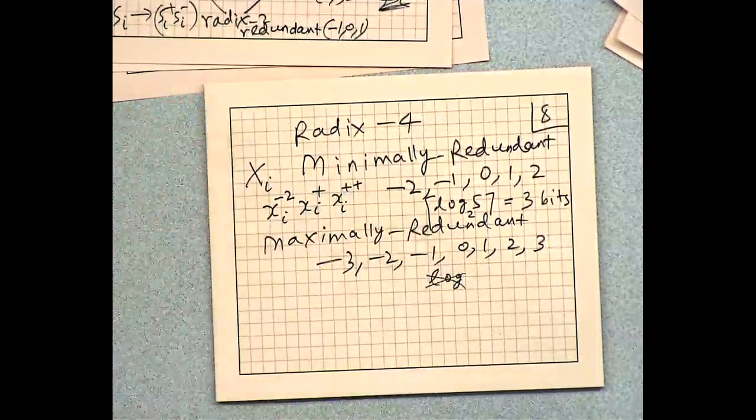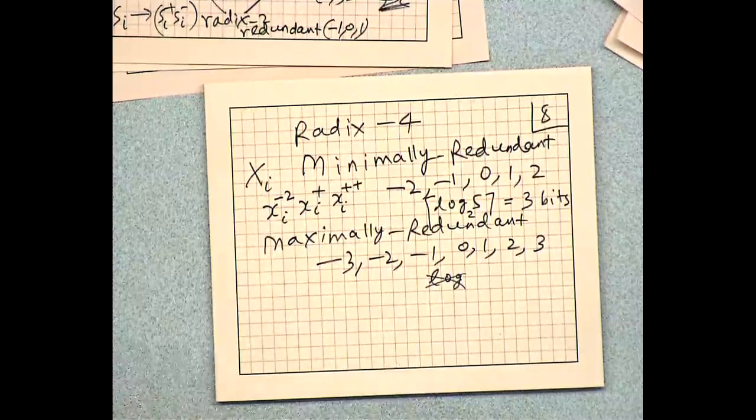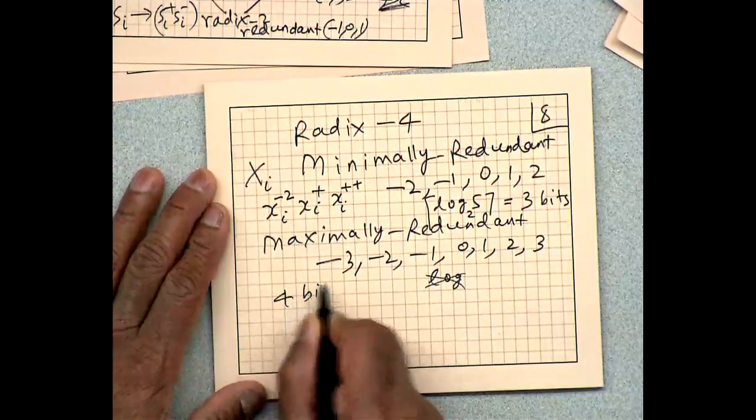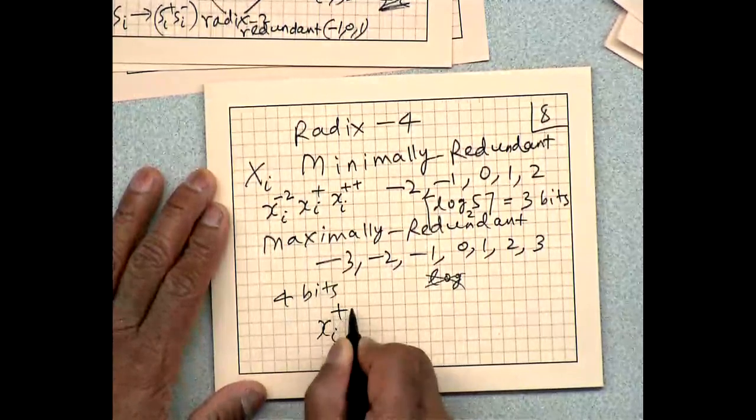So the 3 bits can be represented as 1 with weight minus 2 and 2 of them using positively weighted weights. Whereas in the maximally redundant, we will represent that using 4 bits, and we will have xi plus 2.